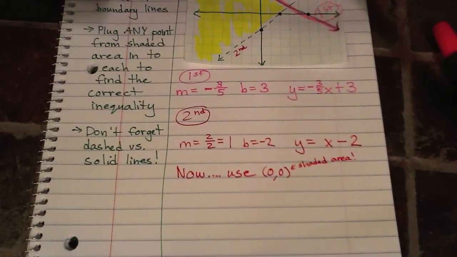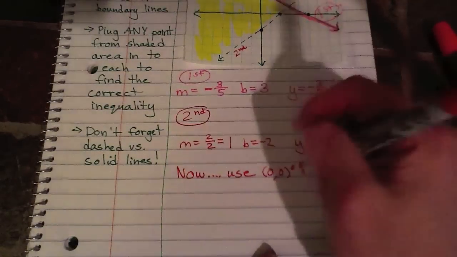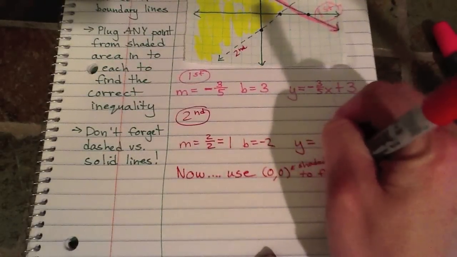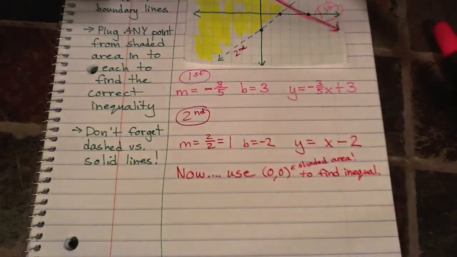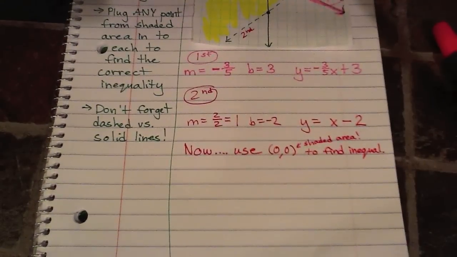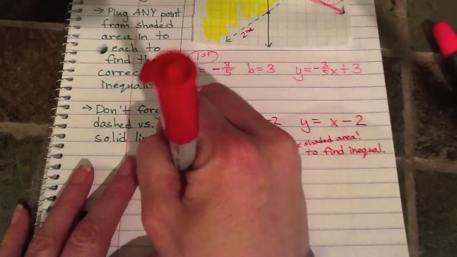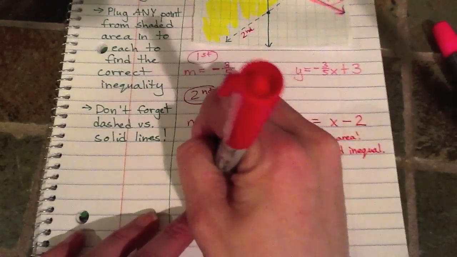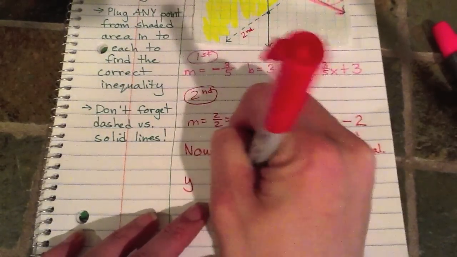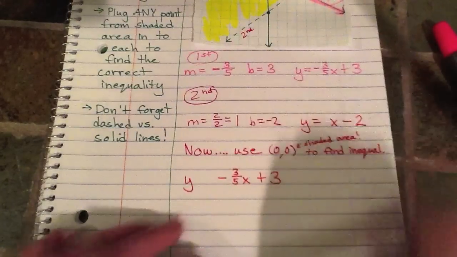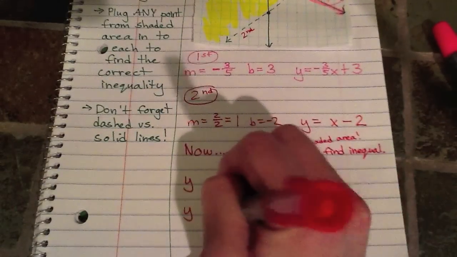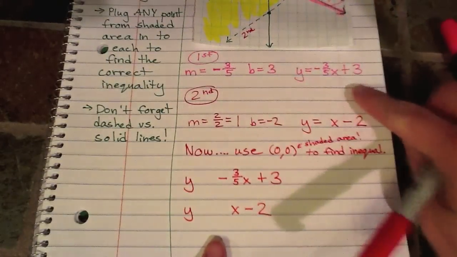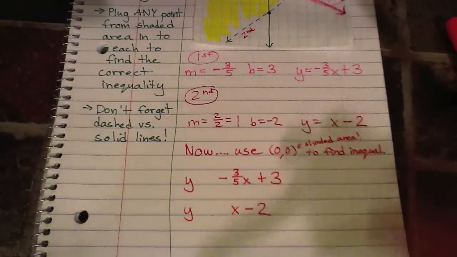It's something from the shaded area to find inequalities. Take your first boundary line and just write it: y is something to negative 3/5 x plus 3. And then your second one: y is something to x minus 2. I took these two boundary lines and rewrote them without an equal sign.